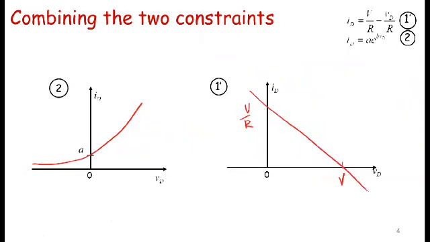Let me show you one other little trick, just in case you didn't completely get how I solved the graphical method. If you like PowerPoint, you will enjoy this, and if you don't like PowerPoint, you will hate me for it. If you look at these curves, I have my two equations in ID, 1 prime and 2, and I've plotted them for you here. On the left-hand side, I plotted equation 2, and on the right-hand side, equation 1 prime.